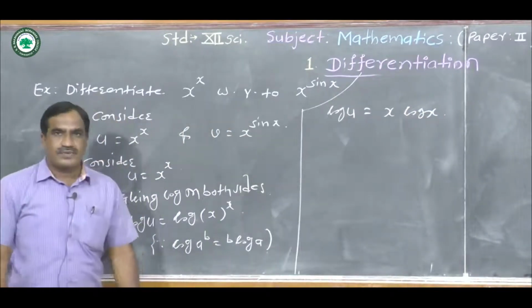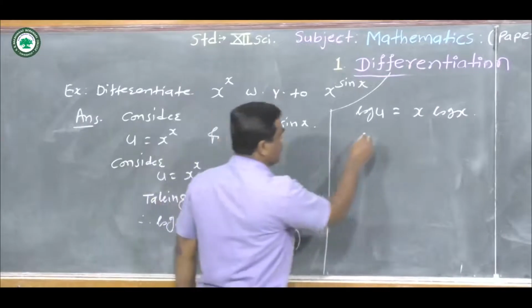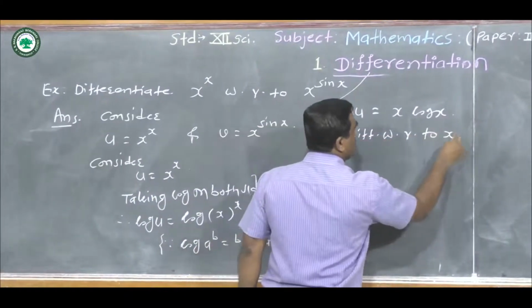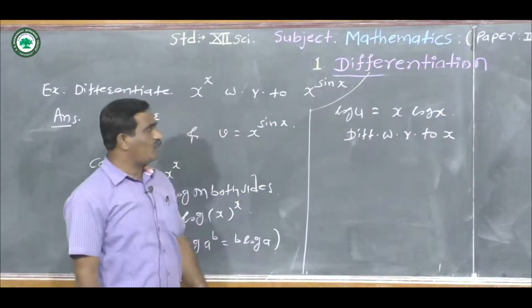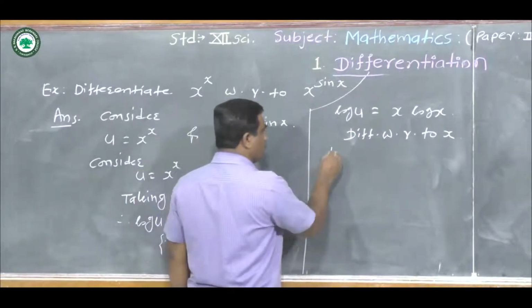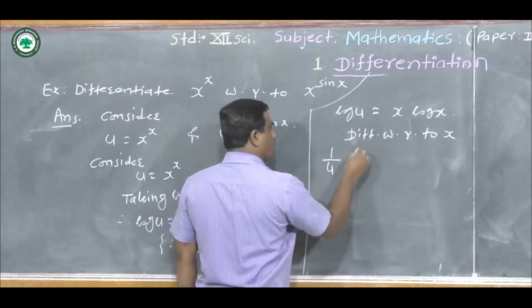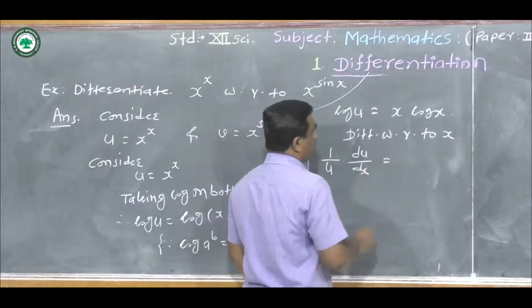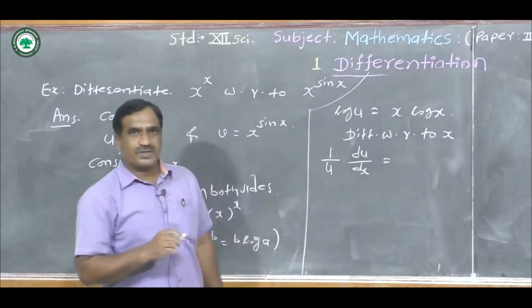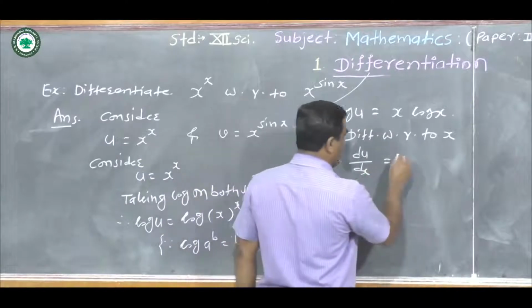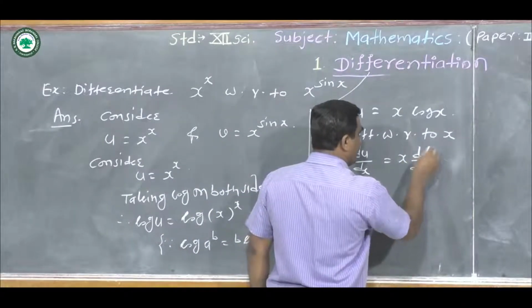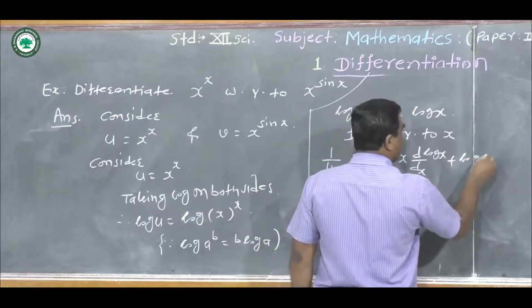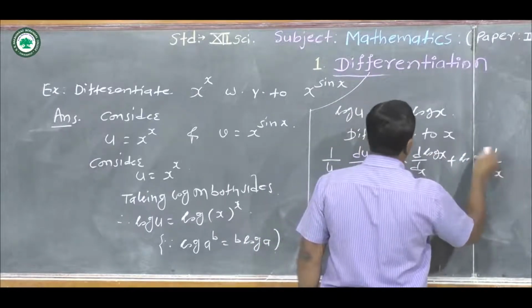Now differentiate this equation with respect to x. Therefore the derivative of log u is 1 upon u into derivative of u with respect to x, du by dx, equal to, use here the product rule: first function as it is into derivative of second function, x into d by dx of log x, plus log x into d by dx of x.